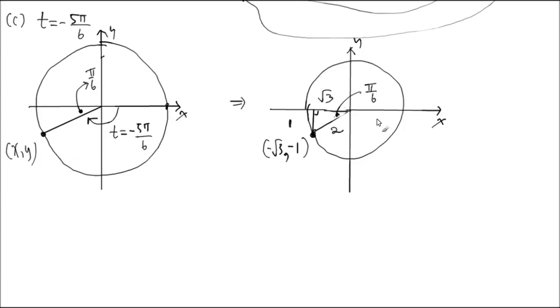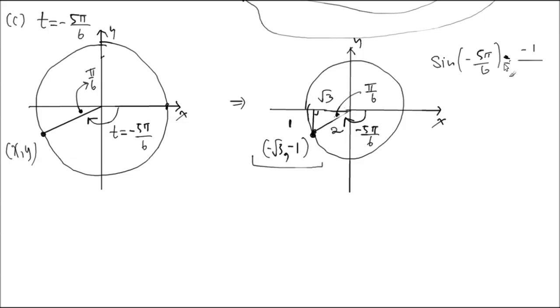Okay. But this is the angle for negative 5 pi over 6. This is not the terminal point for pi over 6. We just looked at that angle to figure out the triangle. This is the terminal point for what angle? Negative 5 pi over 6, right? So when you write down sine of negative 5 pi over 6, you use the y coordinate, negative 1 divided by the radius.